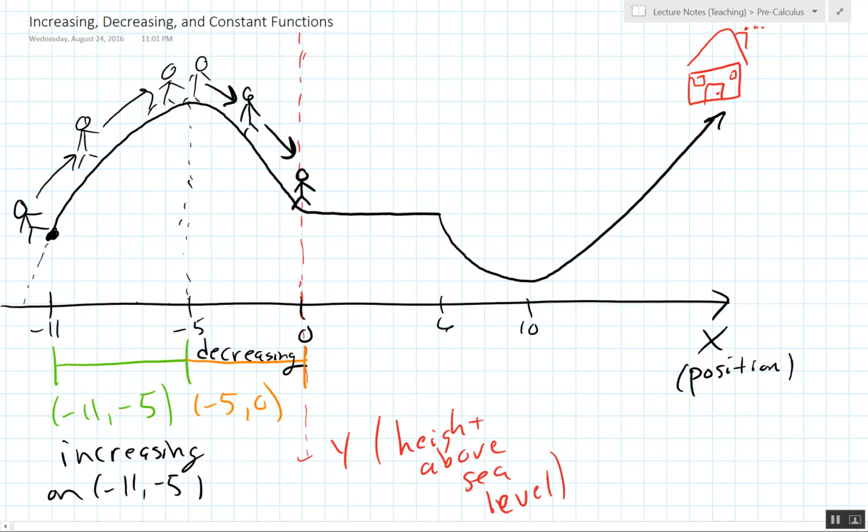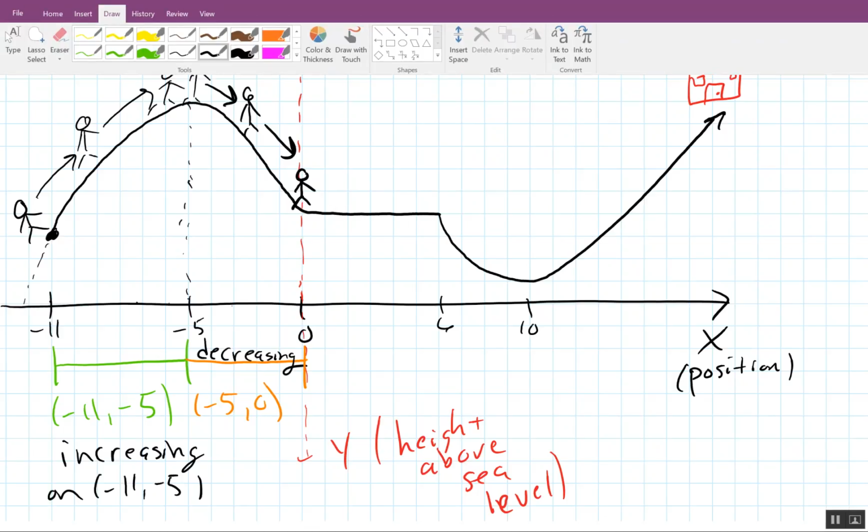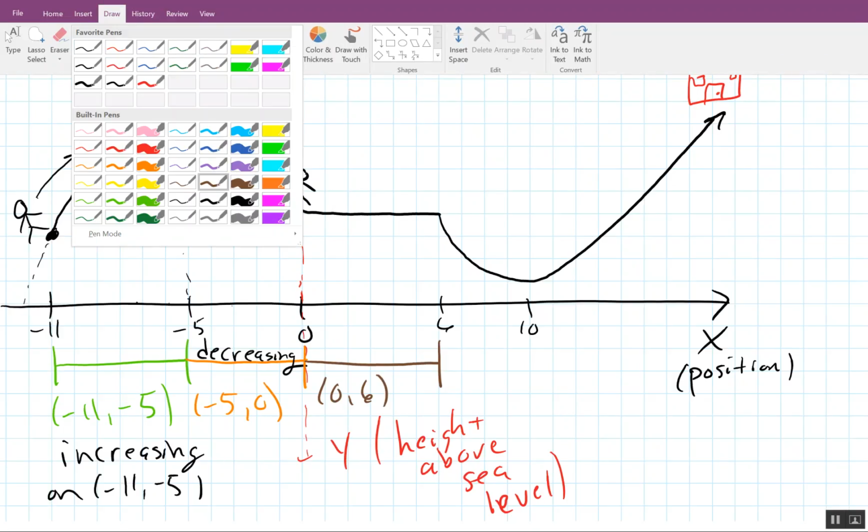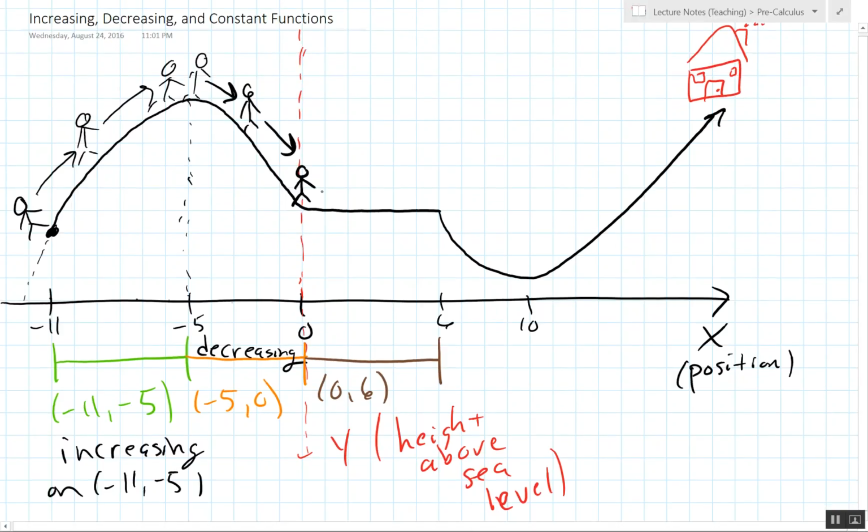But notice now that as I am at the location 0 to 6, let me get a different color here. Let's do brown. So we're on the interval 0 to 6. Notice that my person is staying relatively level compared to sea level here.